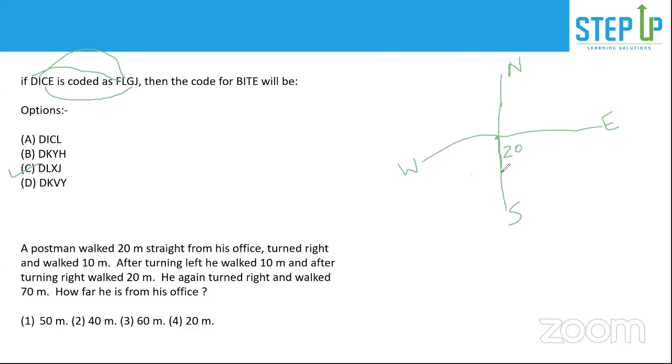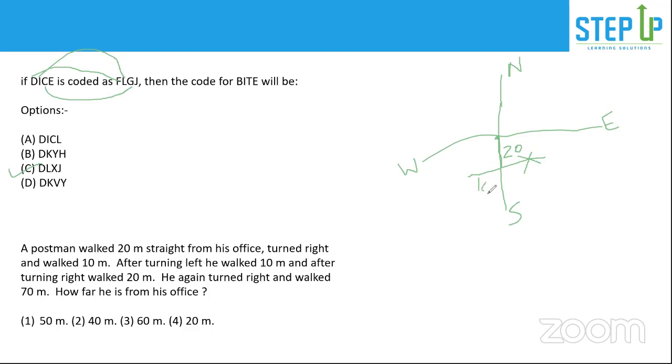Now the question is, when this guy walked in this direction and turned right, people normally do this, right? This is absolutely wrong, guys. It is not your and my right. When he's moving straight in this direction for 20 meters and turns right, he is moving in the south direction, he's facing south, so his right would be here. Are you getting it?